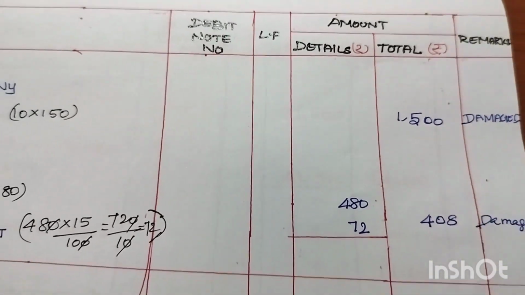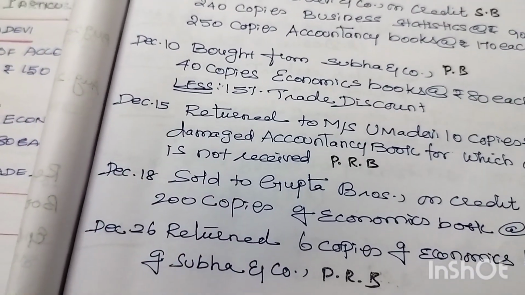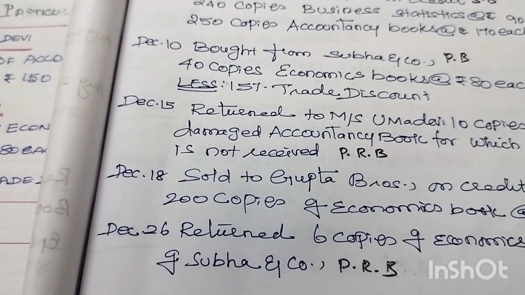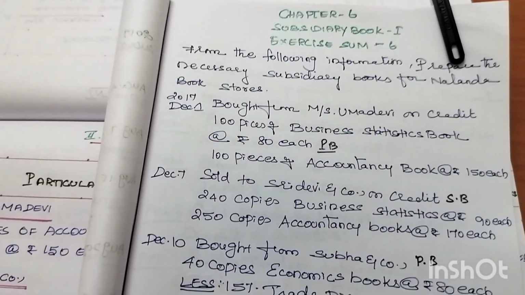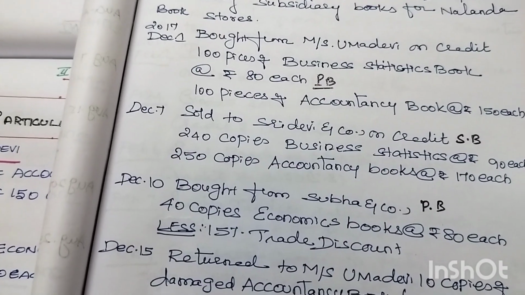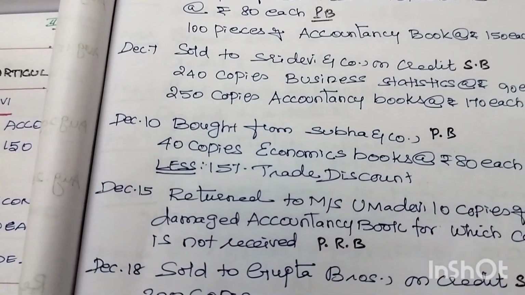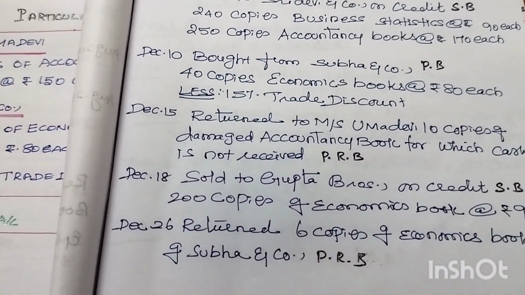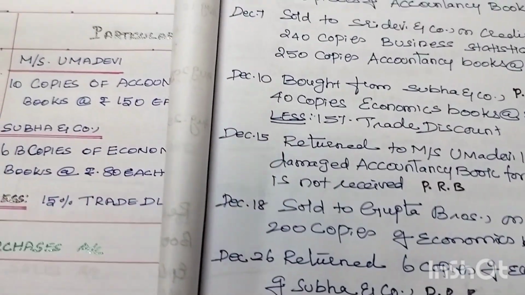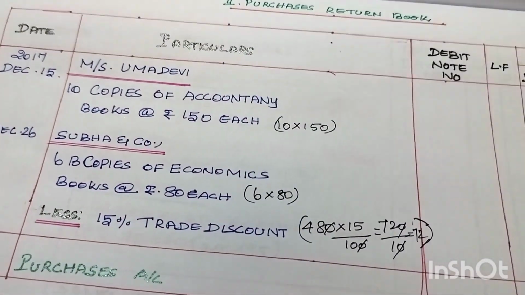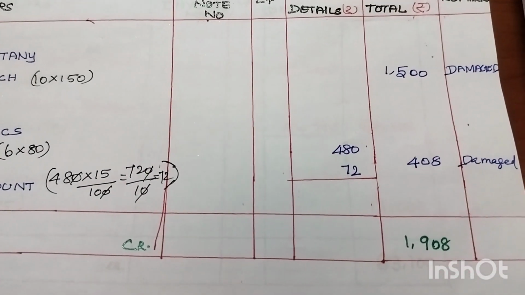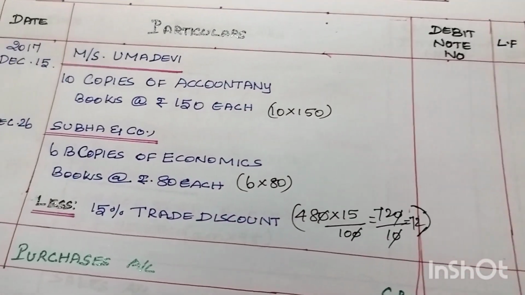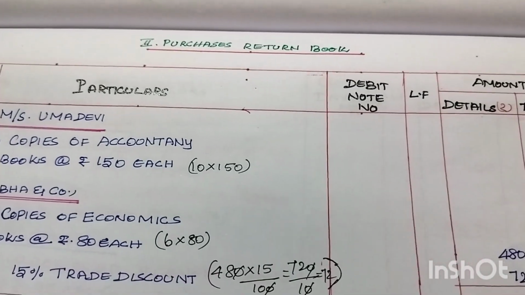Then you have to check if any other purchases return transactions are here. No, there are only two purchases return transactions given here. We entered those two transactions into the purchases return book. Okay, now we are going to find the total amount for the purchases return book.